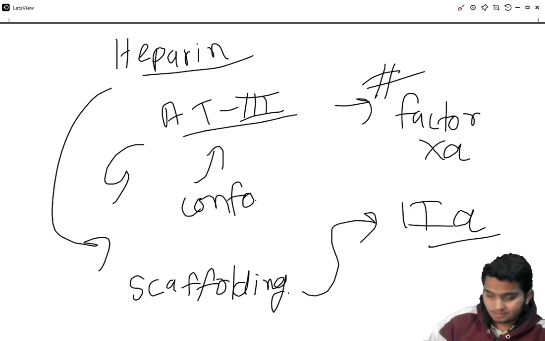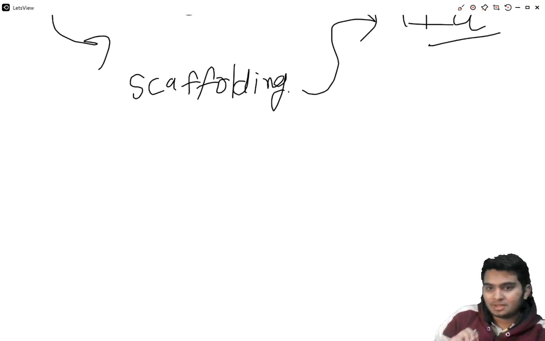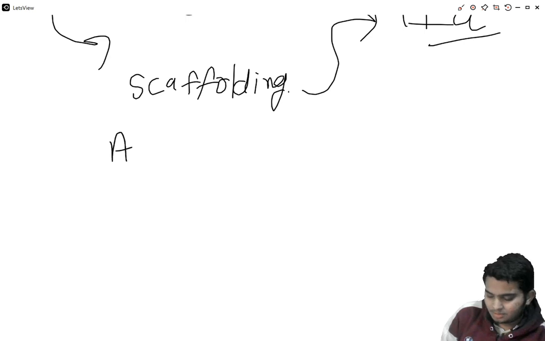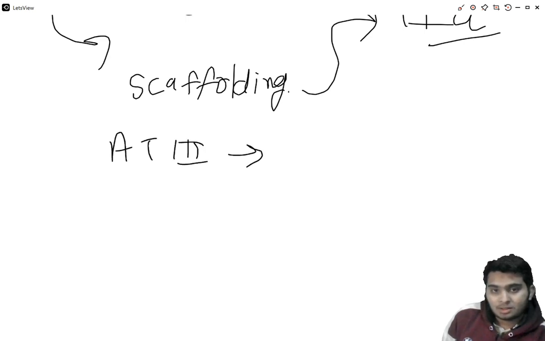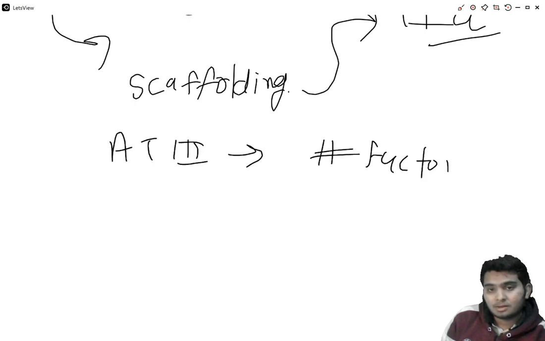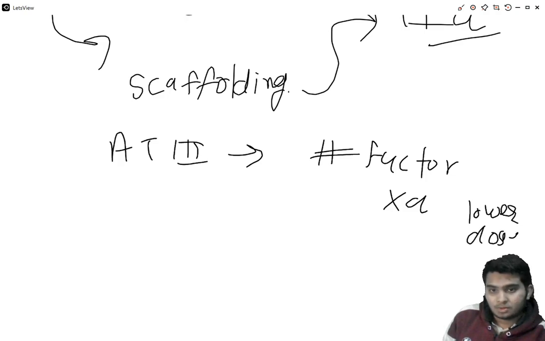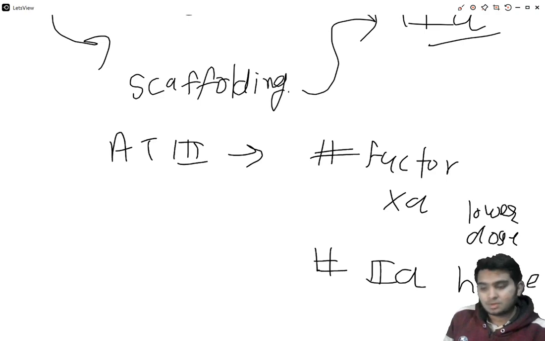So to summarize, what does the heparin do? It will activate antithrombin III, which will inhibit factor 10A at lower doses, while it inhibits factor 2A at higher doses.